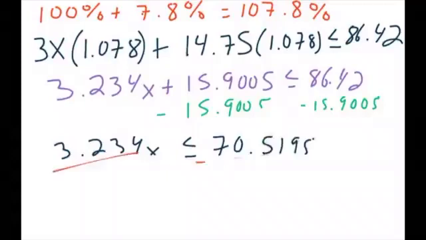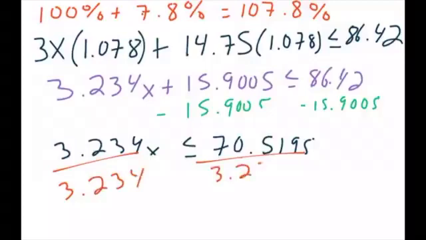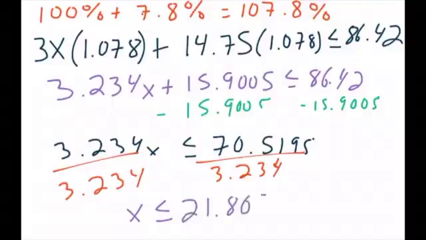Now we're going to divide both sides by 3.234. And I get x is less than or equal to this really long number, which is 21.8056583.